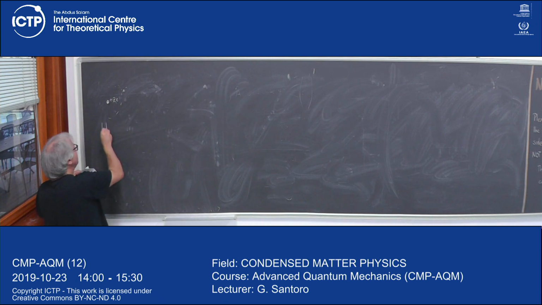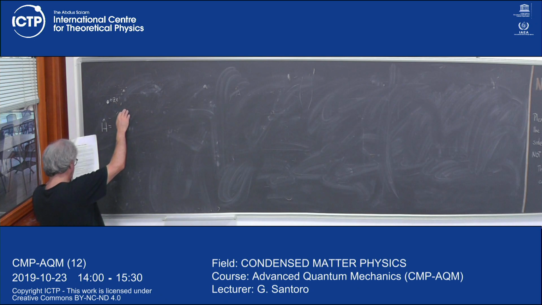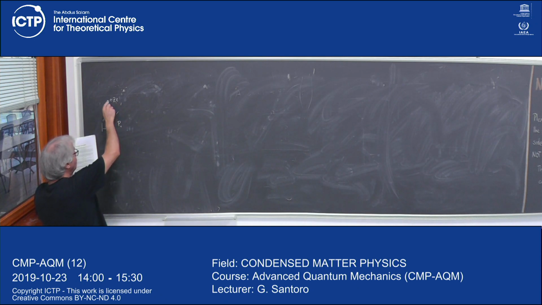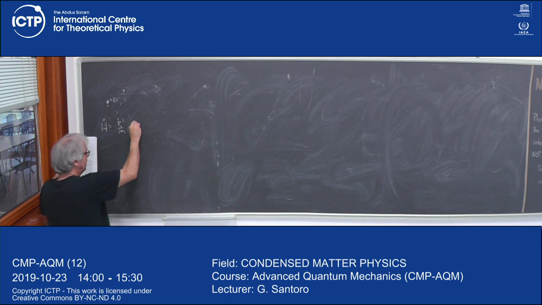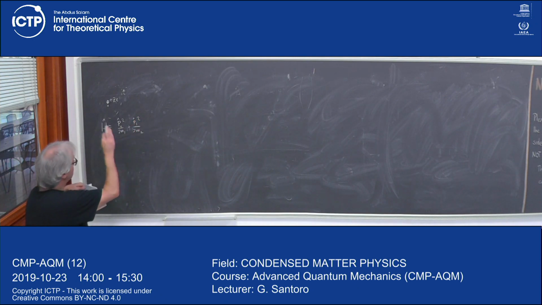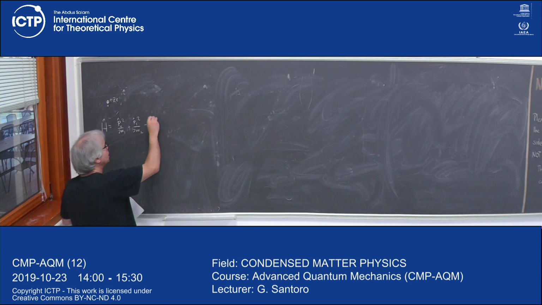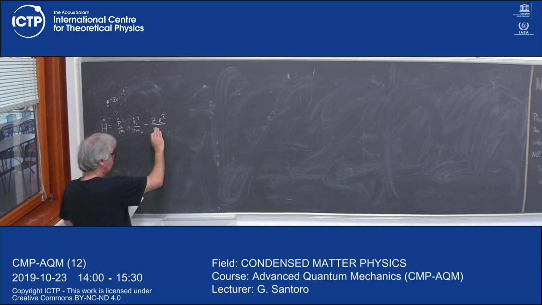And if I ask you what is the Hamiltonian, then you would say, okay, let me call p1, say, the coordinates, whatever. This I call 1, and this I call 2. So it's p1 squared divided by 2 m1, the mass of the nucleus, say, plus p2 squared over 2 m2, the mass of the electron, minus Z e squared divided by the distance between x2 and x1.